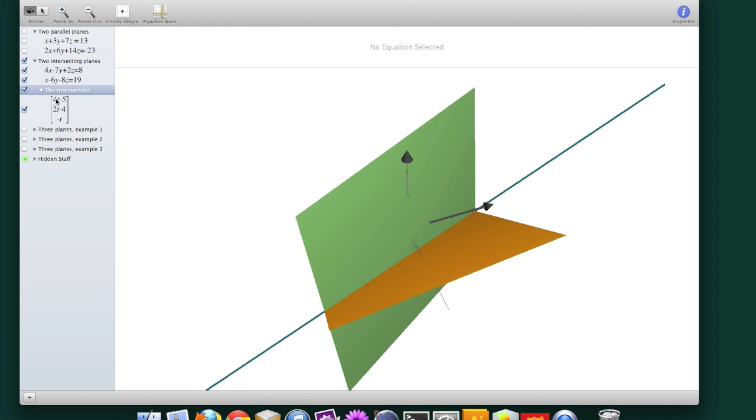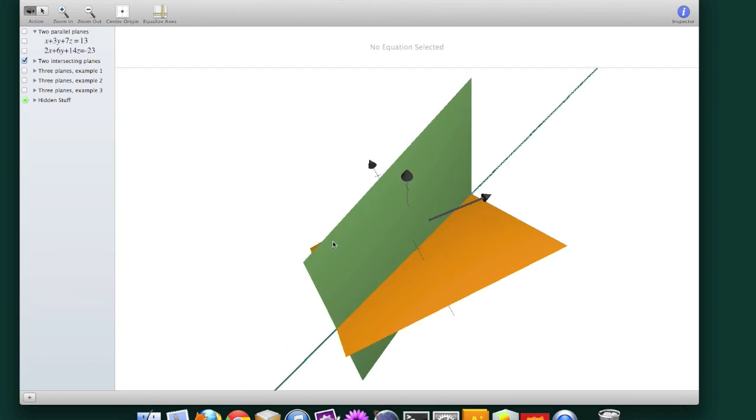This is why when we have infinitely many solutions, we have to have an arbitrary variable and specify the coordinates in terms of that arbitrary variable. We'll see some examples where we do that algebraically in a different video, not in this one. Today we're just looking at pictures. Alright, so that is two intersecting planes.